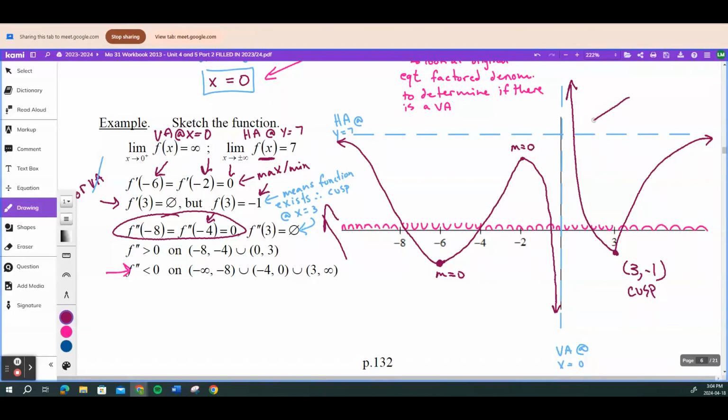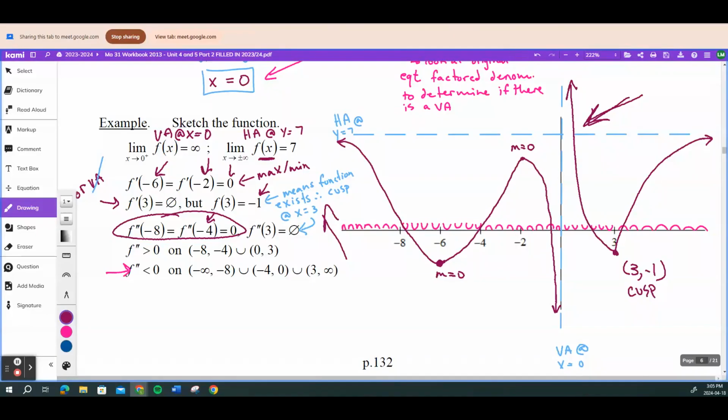One thing to notice that's kind of weird is that our graph does cross this horizontal asymptote at y is equal to 7. Based on your previous classes in math 30-1 or 20-1, it's a little bit confusing because you were most likely told asymptotes are where your graph does not exist. However, this section is in the middle, it's not at the ends of the graph.